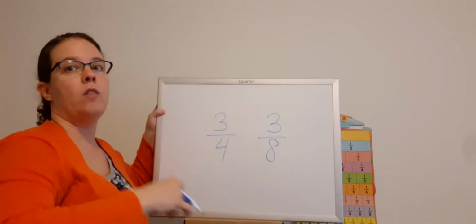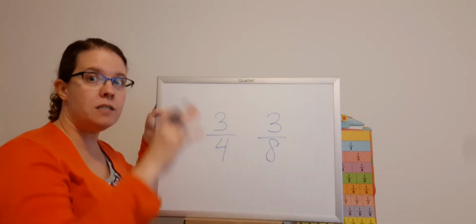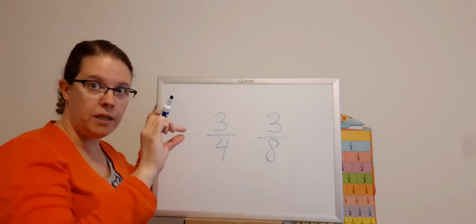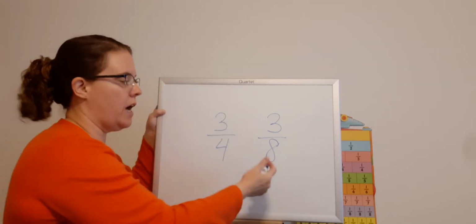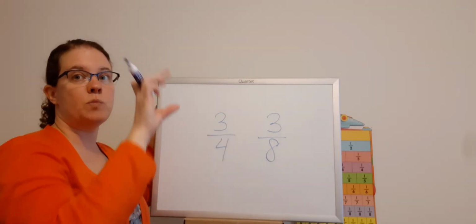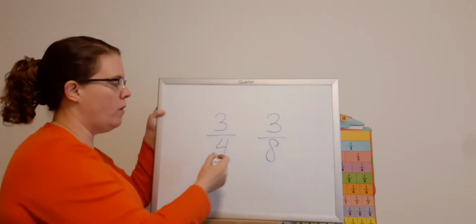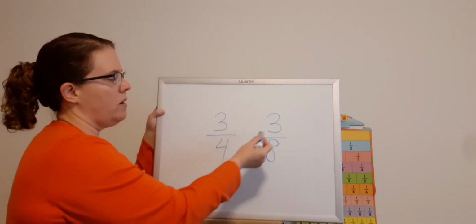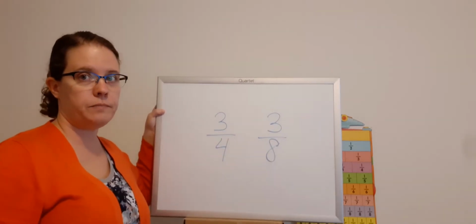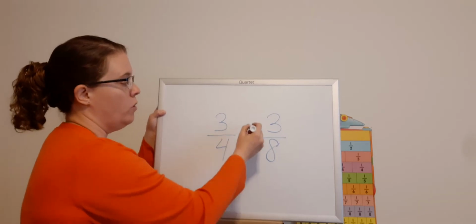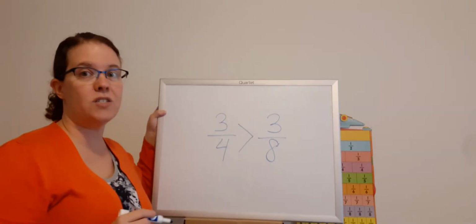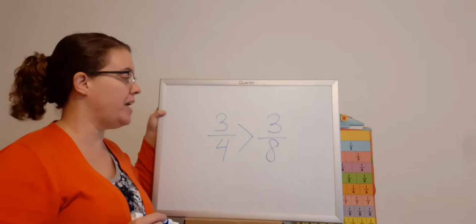And remember, the more pieces, the smaller the piece. So the higher the denominator, the smaller the pieces are. So what would I say? 3/4 is less than, greater than 3/8. Okay, so it would be 3/4 is greater than 3/8.